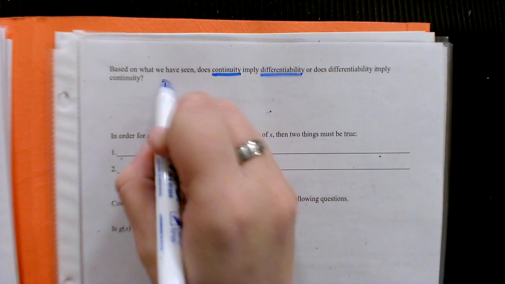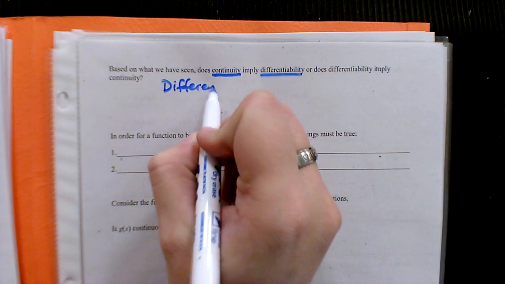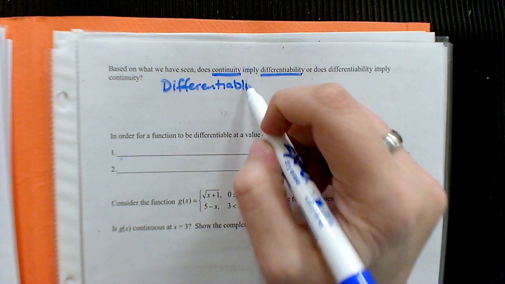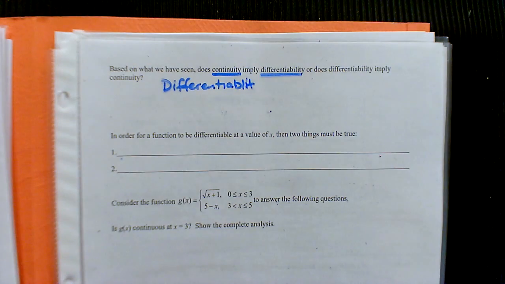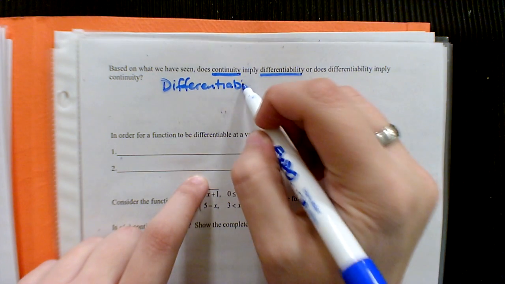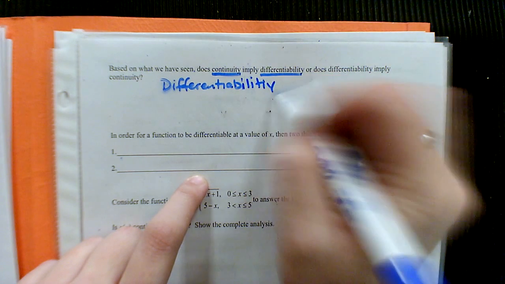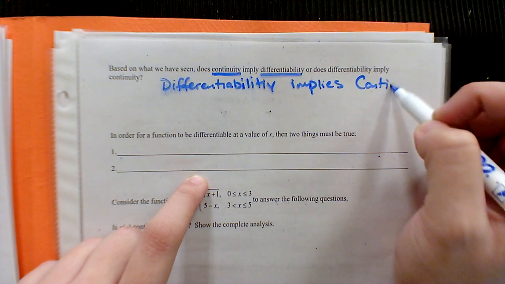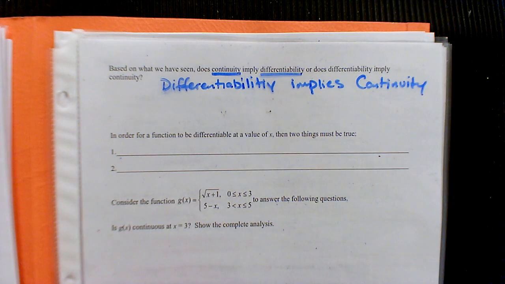Okay, so we're going to say differentiability, the fact that the derivative exists, implies continuity. Okay, so if you know a derivative exists, you also know it's continuous. No holes, no jumps, no asymptotes, the point and the limit match.